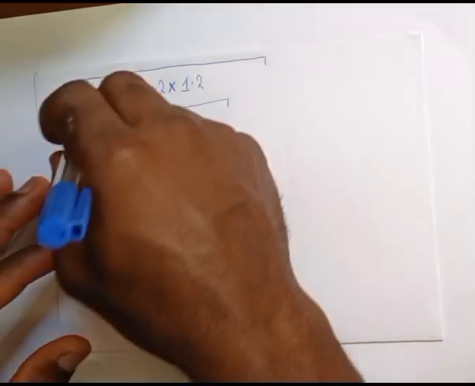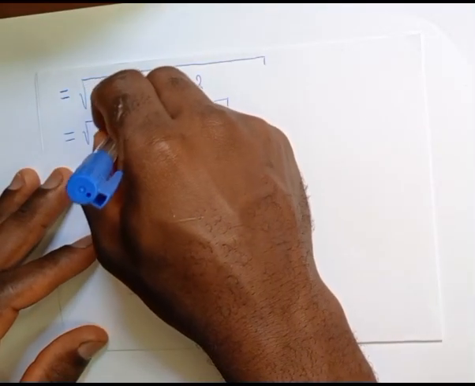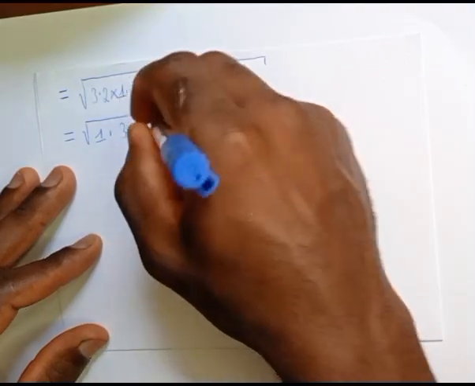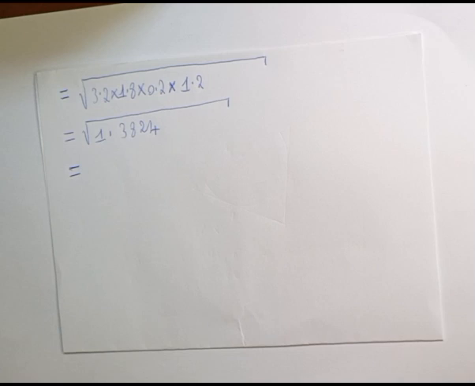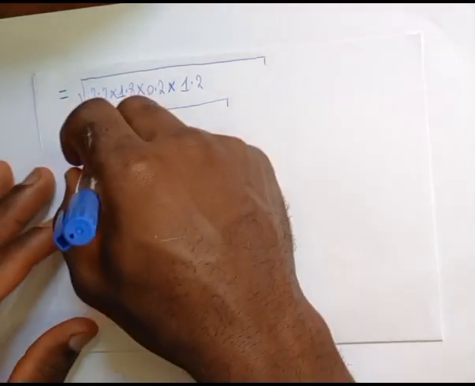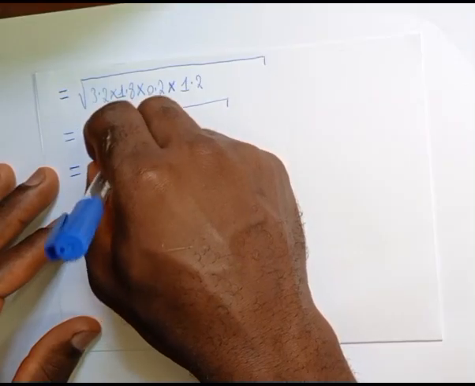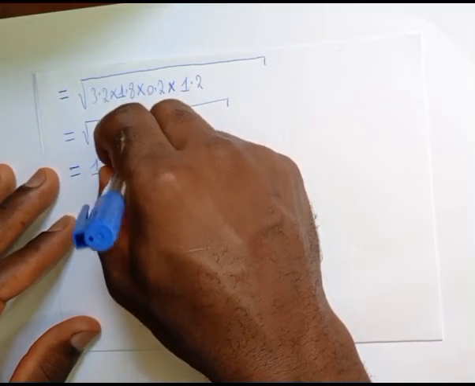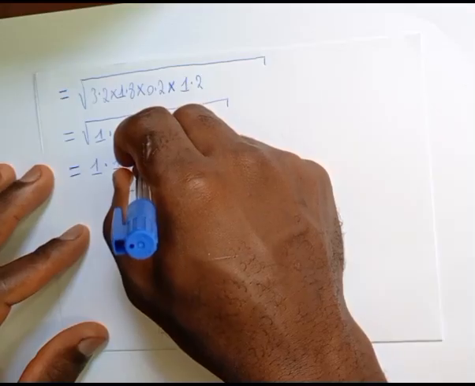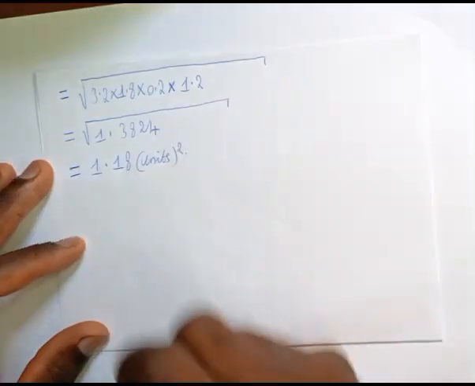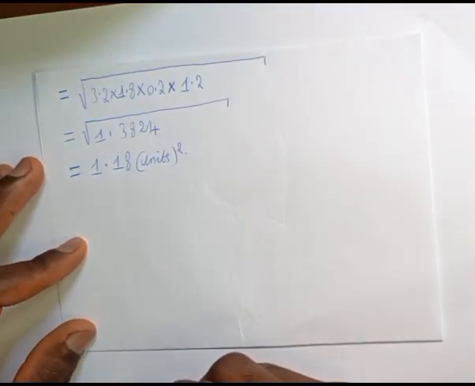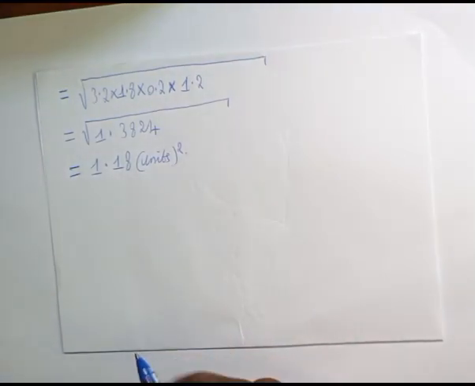It gives us 1.3824. We have to take the square root of 1.3824. It gives us 1.18 to 2 decimal places. Since it is area, 1.18 units squared.